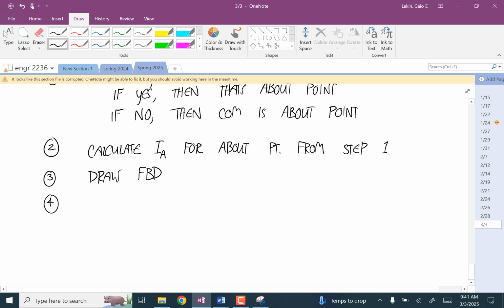Fourth, determine all the forces and moments. And remember, you're calculating the moments around the about point from step 1.